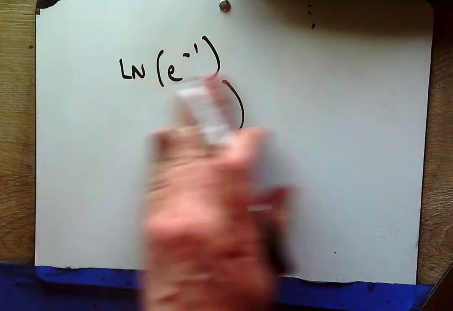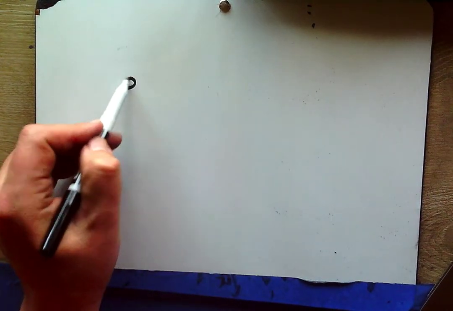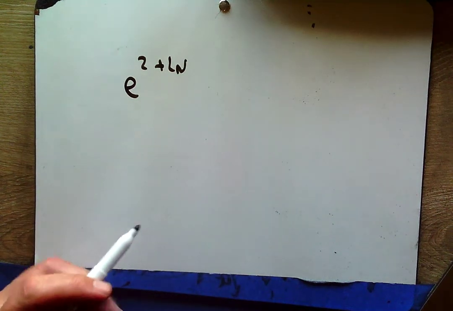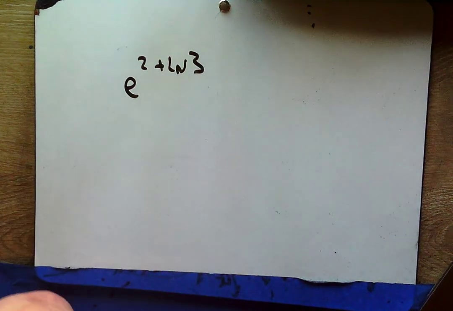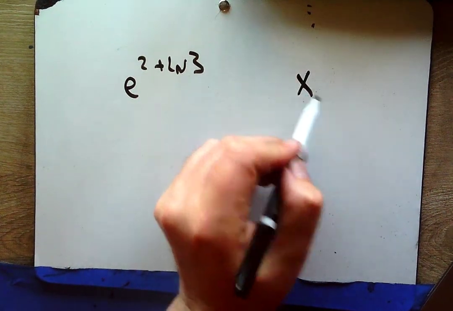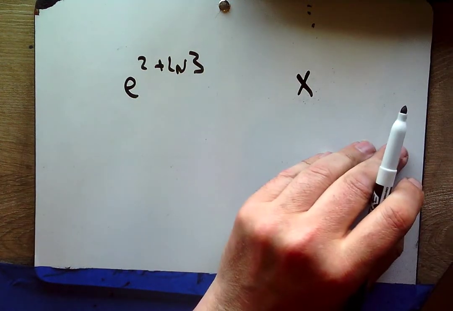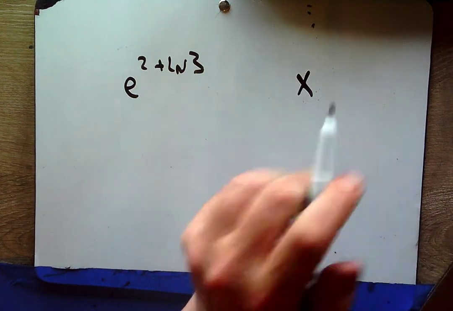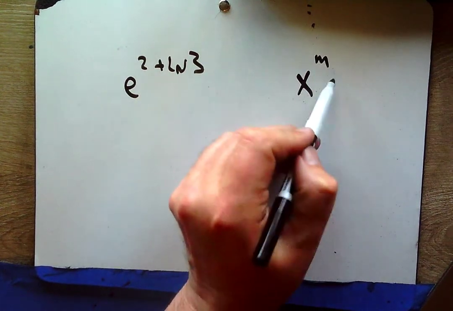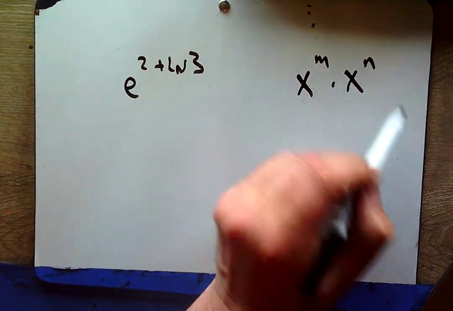Okay? And e to the 2 plus ln of 3. Say what? Well, do you remember, not all the way back to pre-algebra or even algebra 1, just back to the algebra basics unit, when we had x to the m times x to the n?